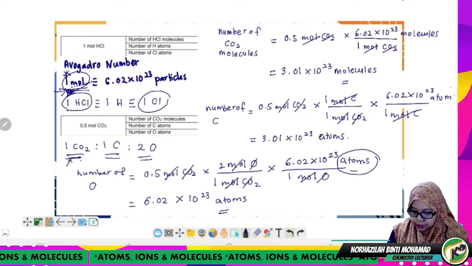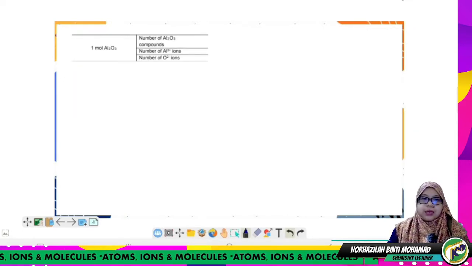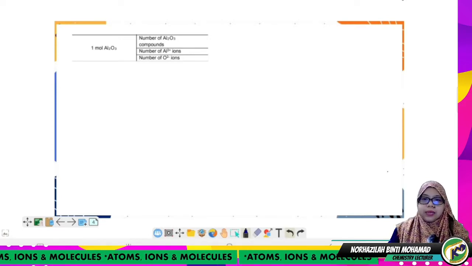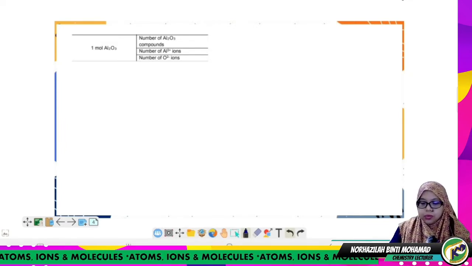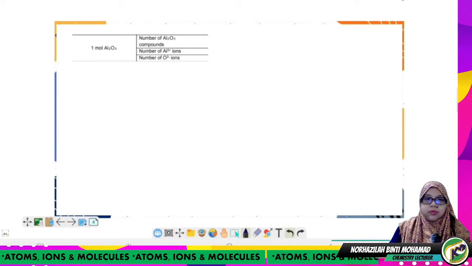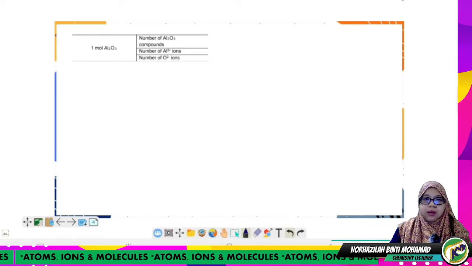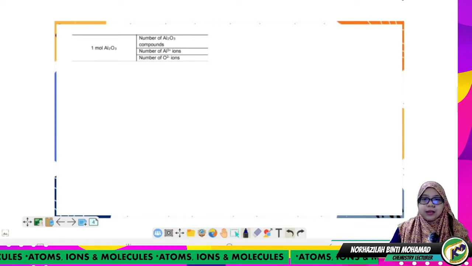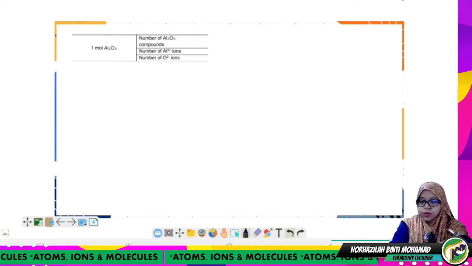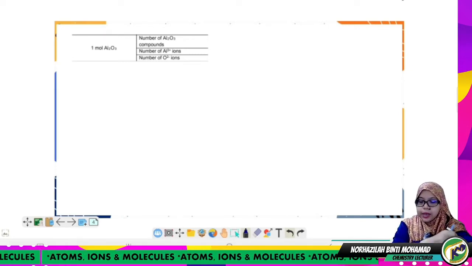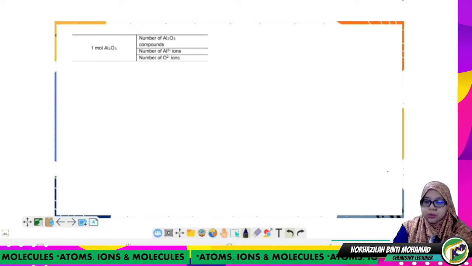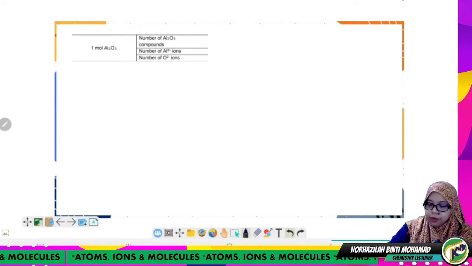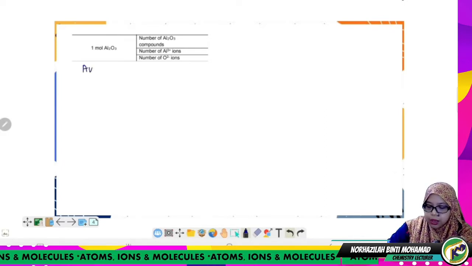Okay, how about example 3? You have 1 mole aluminium oxide, Al2O3. I ask you to calculate the number of Al2O3 compounds, the number of aluminium ions, and the number of oxide ions. For this one, same as just now, it asks us about the number of particles, so we relate it with Avogadro's number.